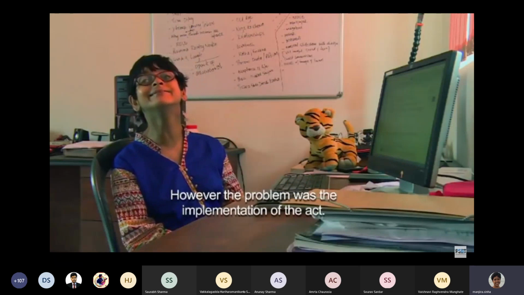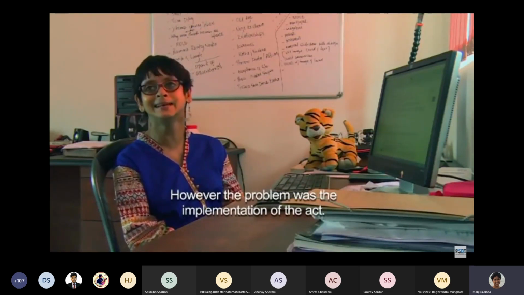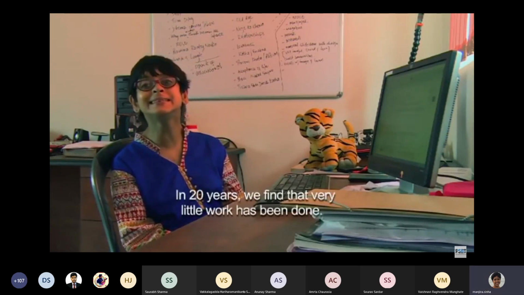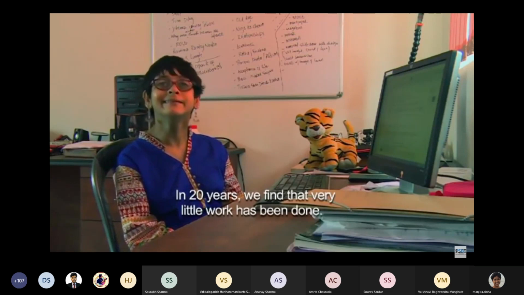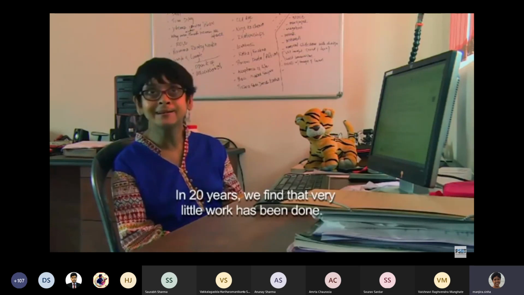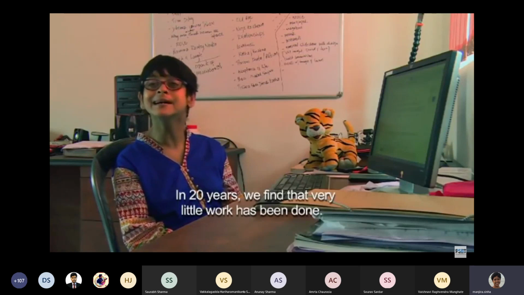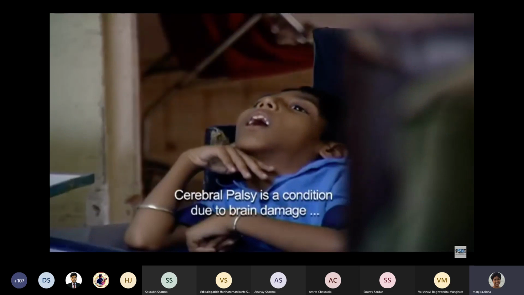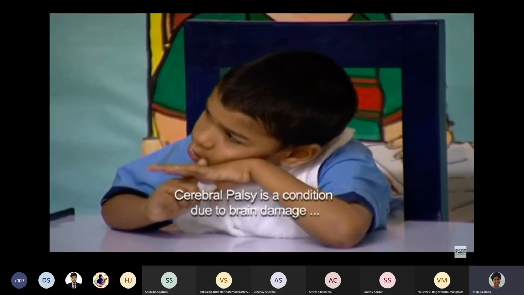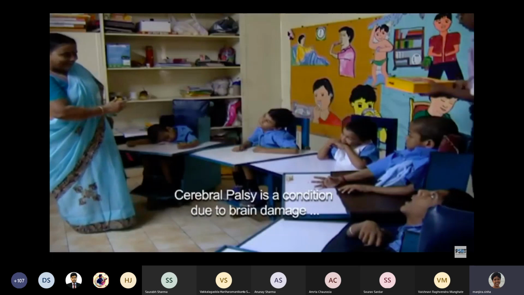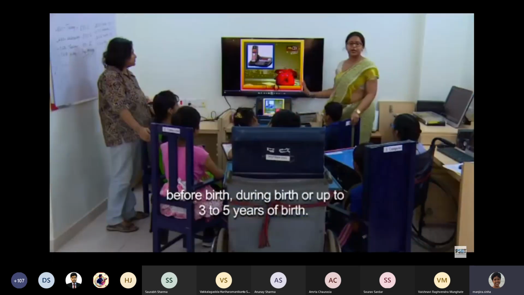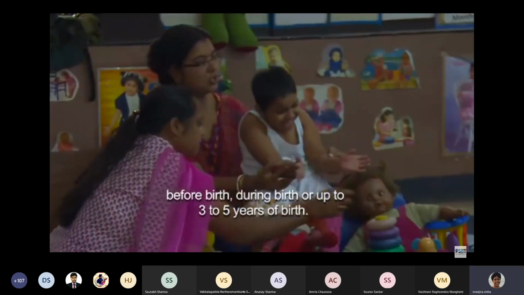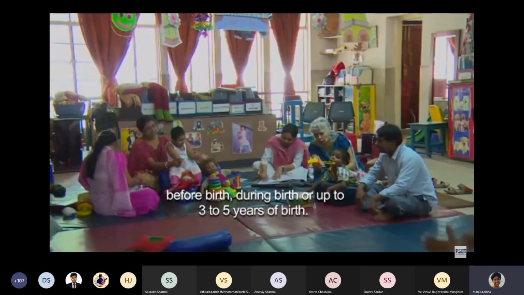However, problem was the implementation of the Act. In 20 years, we find very little work has been done. Cerebral palsy is a condition caused due to brain damage before birth, during birth, or up to 5 years of birth.